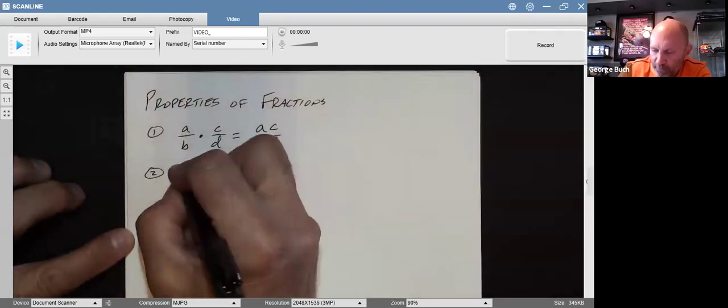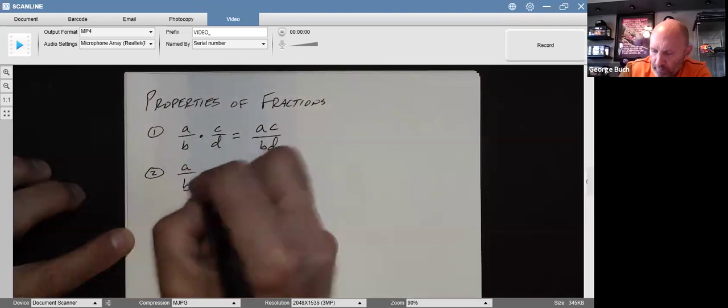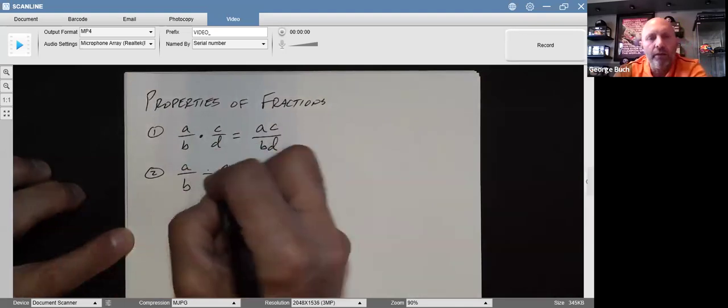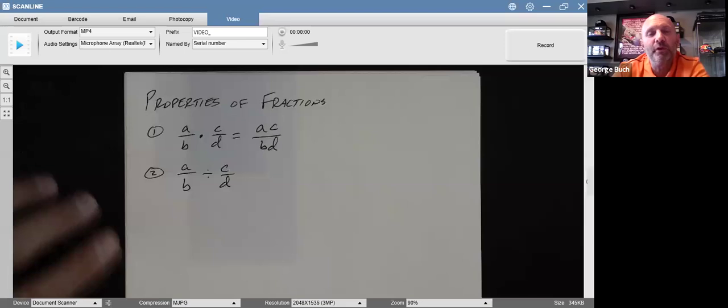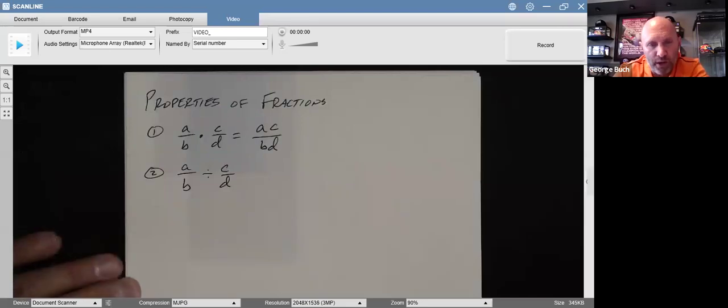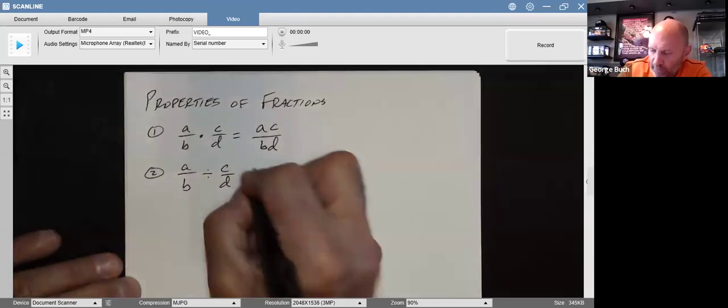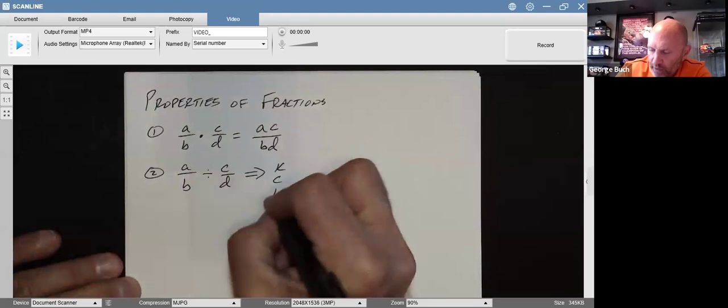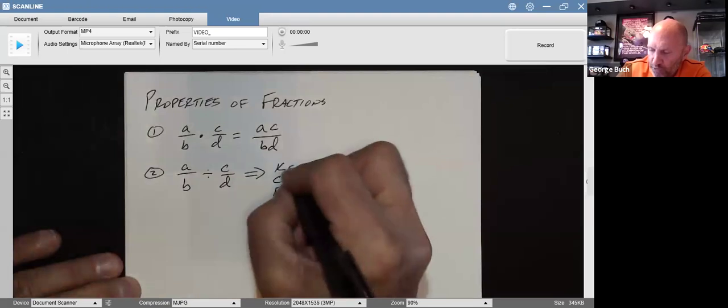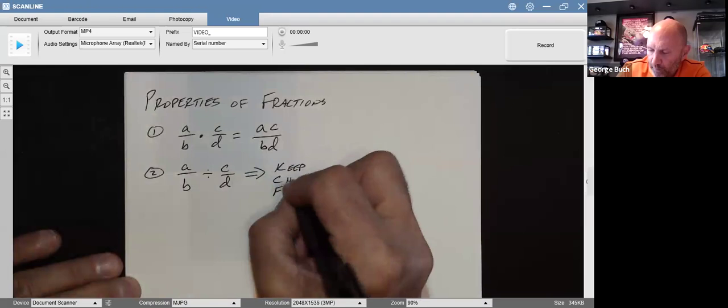The second easiest would be division. And the reason it's the second easiest is because we're going to turn this into a multiplication problem, the easiest type. So you guys have heard of Kentucky Fried Chicken, and now I think it just goes by the letters KFC. We're going to use something close to that here. Instead of KFC, we're going to do KCF, which stands for keep, change, and flip.